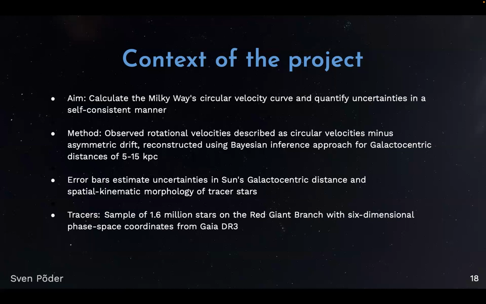The tracer sample itself was about 1.6 million RGB stars in the end, with all the 6-dimensional phase space coordinates. This is the data that we were working with, albeit it's not catastrophically big. It's not small, but it's not horrible.